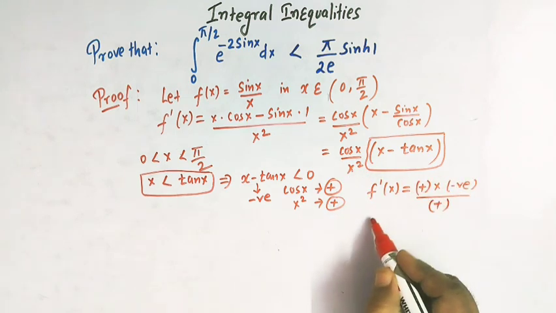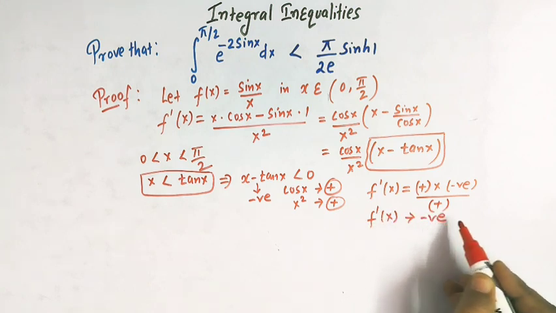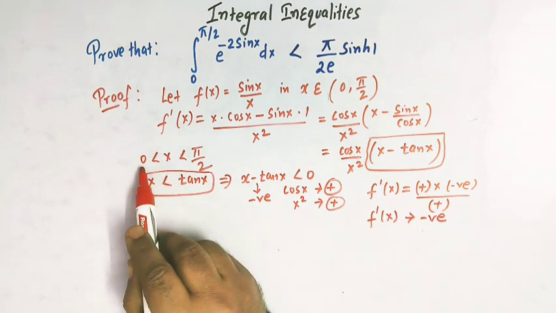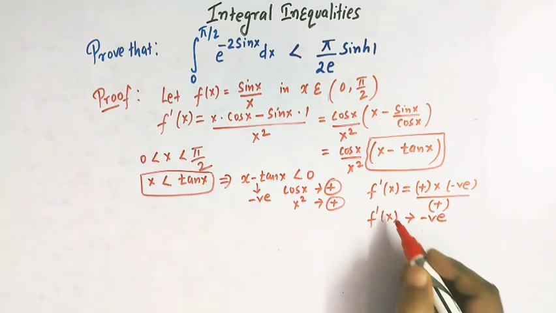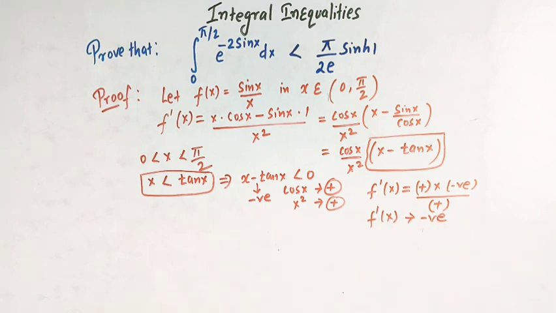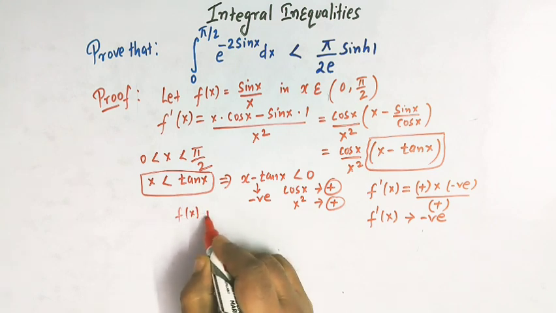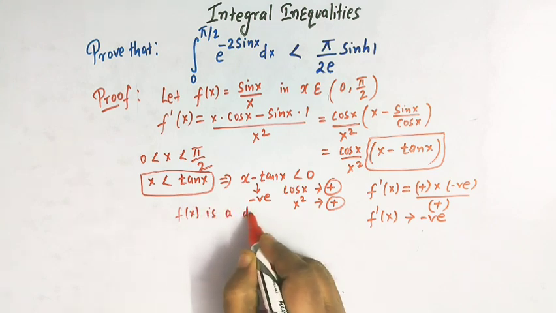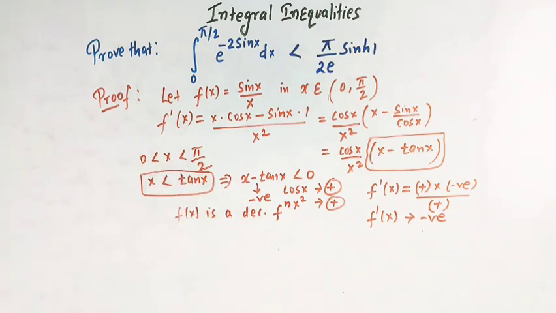So overall f prime of x is negative when x lies between 0 and pi by 2. When the derivative is less than 0, we know that the function f of x is a decreasing function in the given interval 0 to pi by 2.